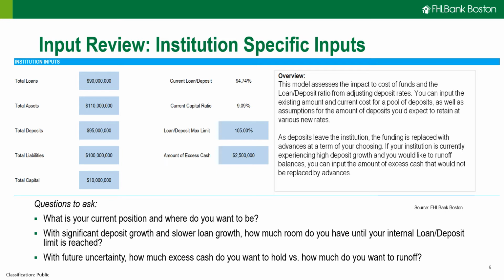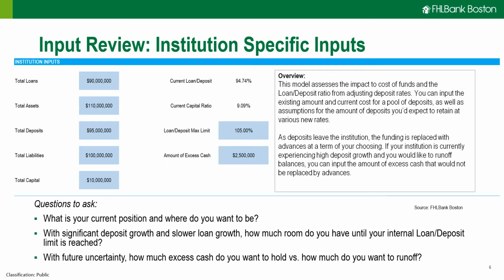We first take a look at institution-specific data, loans, assets, deposits, liabilities, and capital. We then look at internal loan to deposit limits and excess cash. Every institution has a set limit on their max loan to deposit level, depending on their board's comfort and strategy. For the purposes of this scenario, we set the limit to 105%.